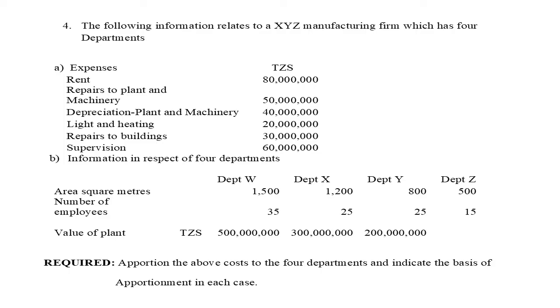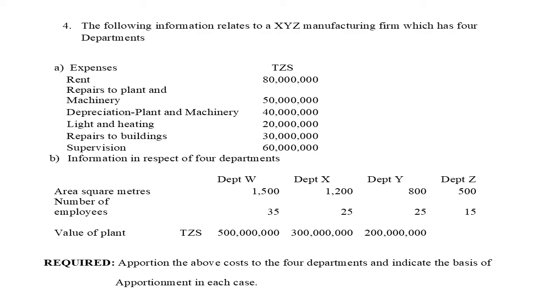To share rent, as we have said earlier, we normally use the area: the bigger the area in square meters you own, the higher the rent apportioned to you. That is very relevant.